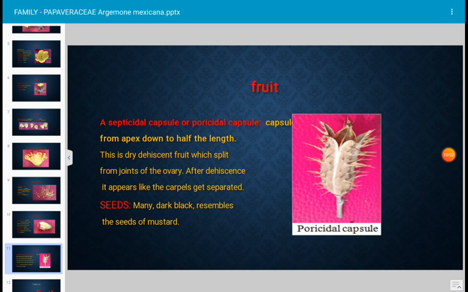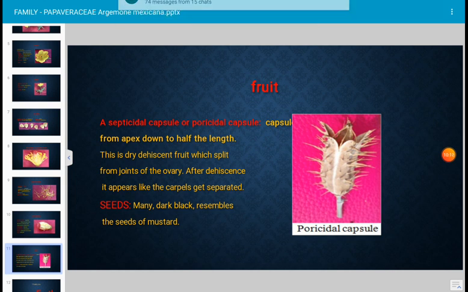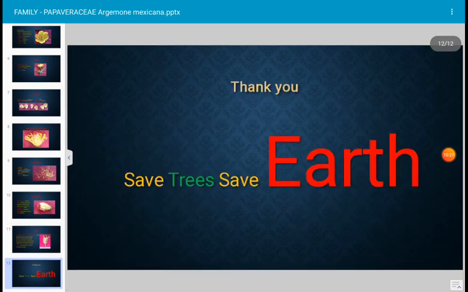And the seeds are dark black in color and resemble mustard seeds. They are very similar morphologically. Sometimes these seeds are used for adulteration, as they are mixed with mustard seeds as an adulterant. Okay, next. Thank you very much. Save trees, save earth.